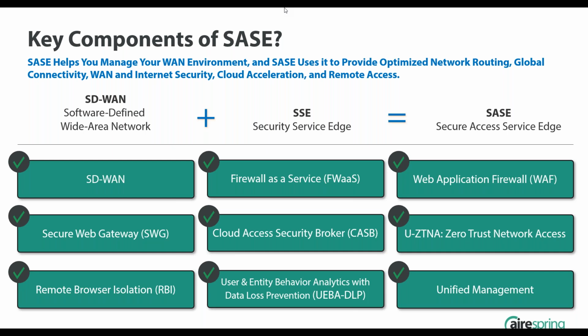So it makes sure that data does not leave your enterprise, and then offers reporting beyond that, so that you can investigate or enforce policies, things of that nature. And then, of course, unified management. That's the single pane of glass management that all SASE, or even SD-WAN for that matter, should come with.